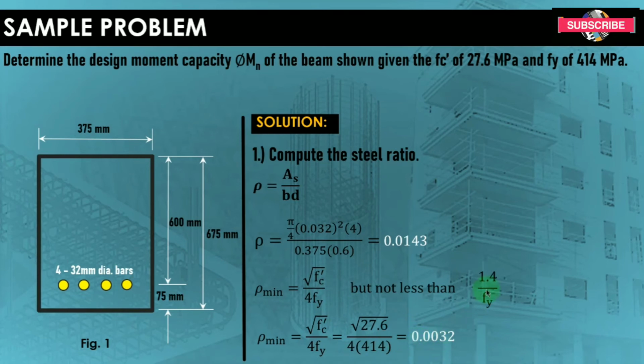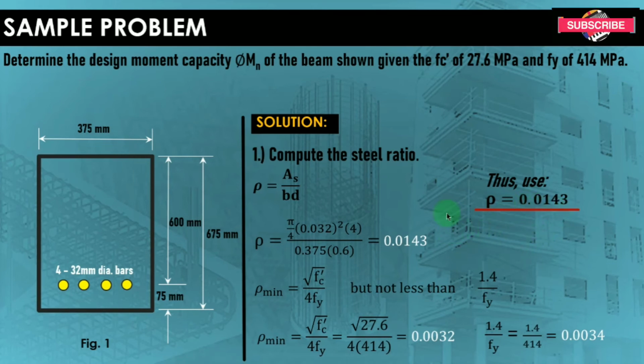And this 1.4 over Fy is 0.0034. So take note, the minimum is but not less than. So 0.0032, the other 0.0034. The first is smaller than 1.4 over Fy, but in our code it is but not less than 1.4 over Fy. So this is our minimum. But our actual is more than the rho minimum, so it is okay in the design. So we can say that the rho we will use is 0.0143.